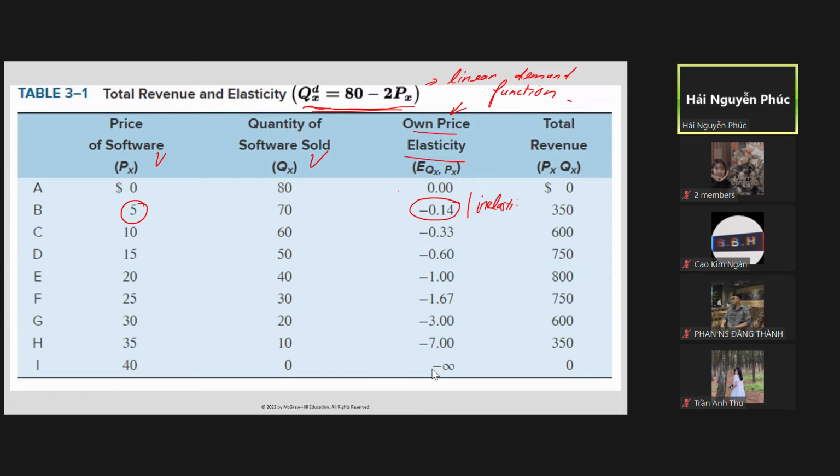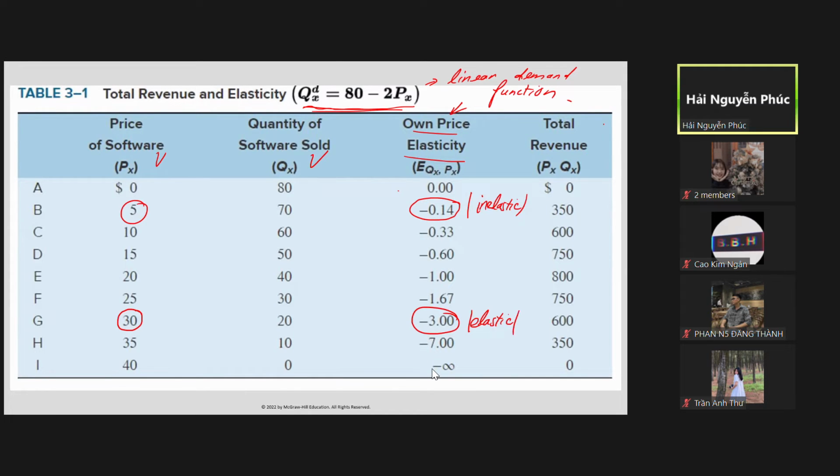Now at the price of 30, you can see that the own price elasticity is equal to minus 3, which means that at this price level, demand is going to be elastic.